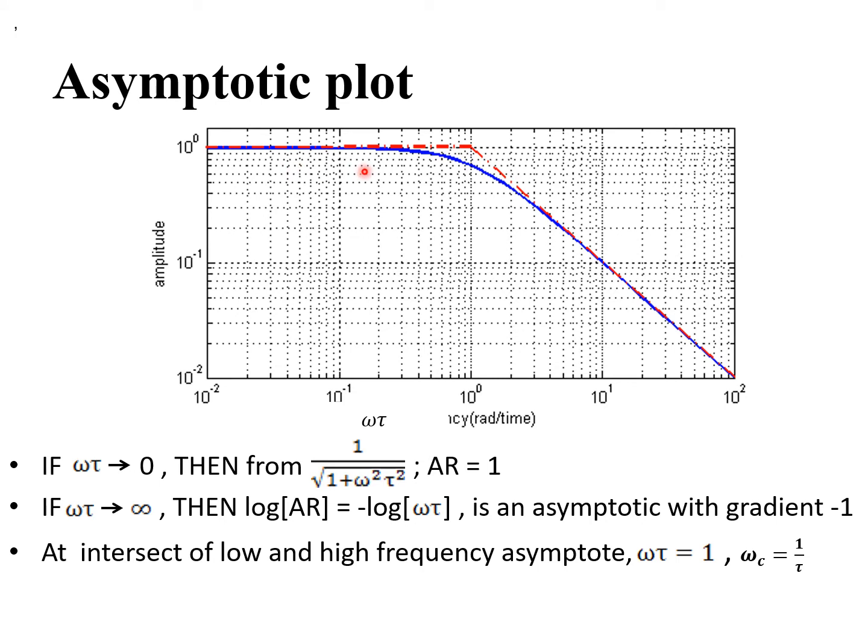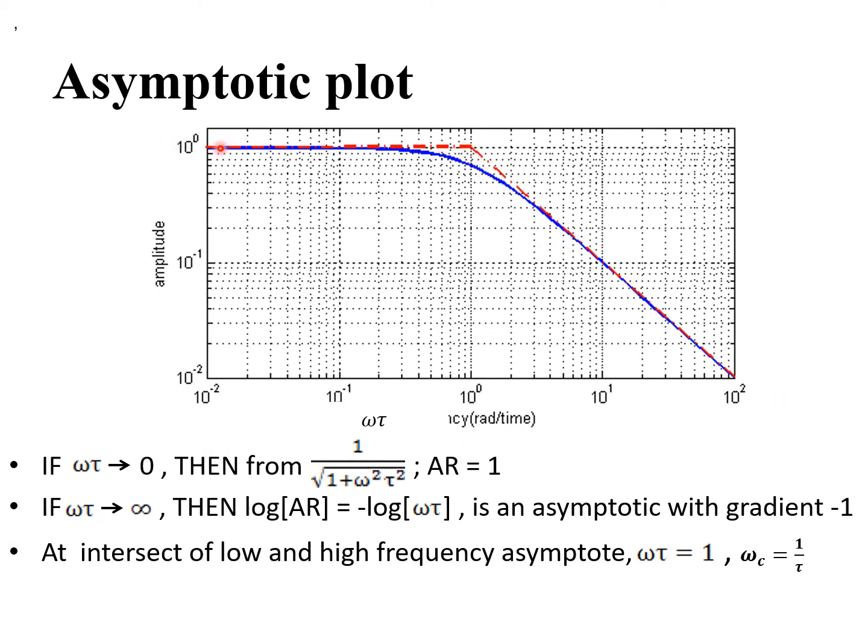The low asymptote is the gain of the system at small omega values, and the high asymptotic plot is the line with the gradient minus 1, or whatever the system is, as omega tau moves towards infinity. So it's just a line with a gradient.